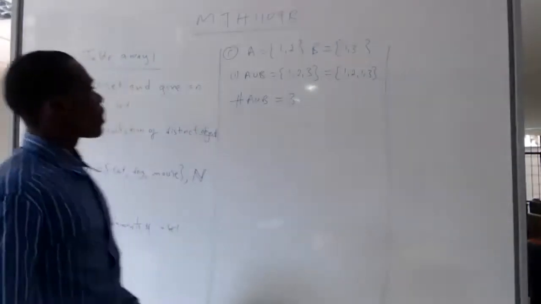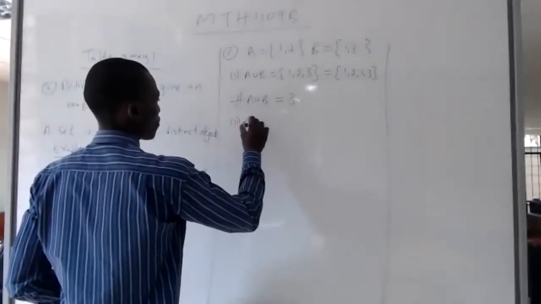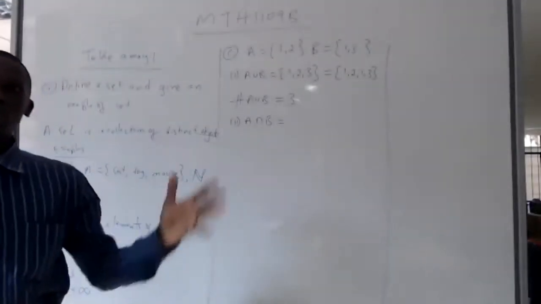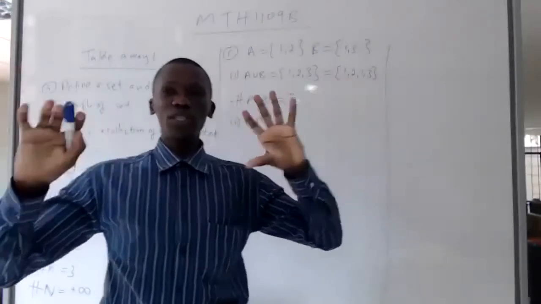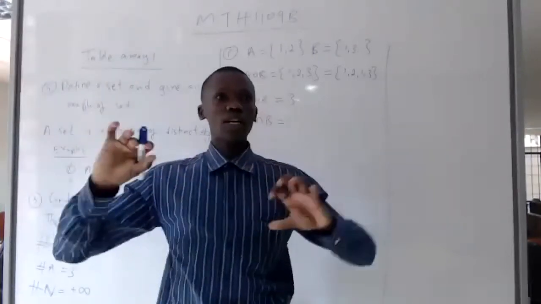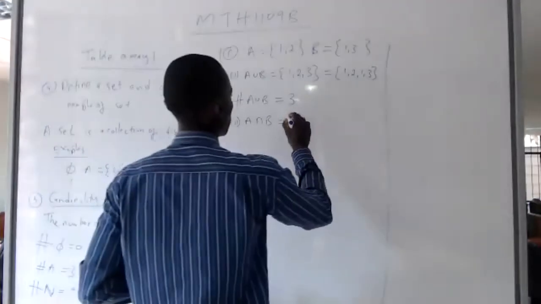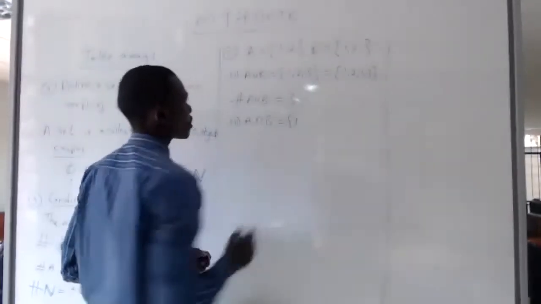And then intersection, A intersect B. Intersection is simply all those elements that belong to both sets at the same time. The element 1 is in set A and it is in B, so it's in the intersection.